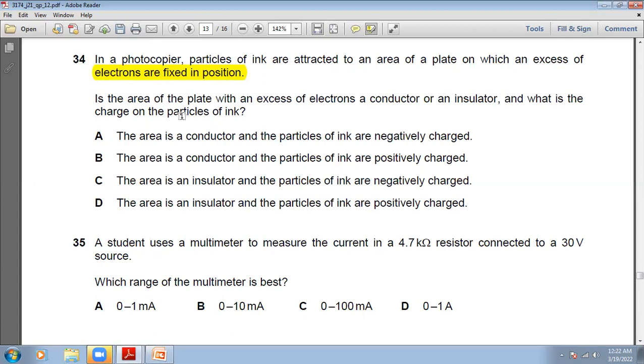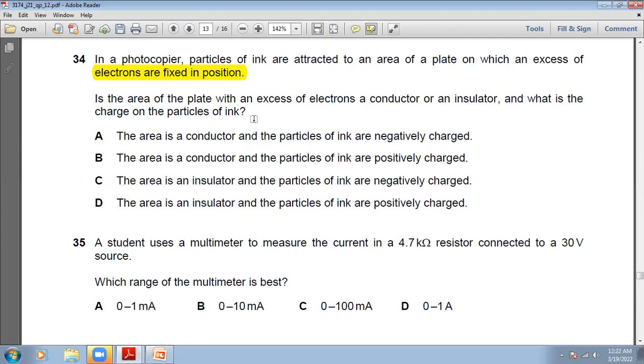And what is the charge on the particles of the ink? The ink will have the opposite charge. Okay, so where you have the excess of electrons, that plate will have a negative charge on it. So the ink should have the positive charge. So the area is a conductor and the particles of the ink are negatively charged. That's wrong. The area is a conductor and the particles of ink are positively charged.